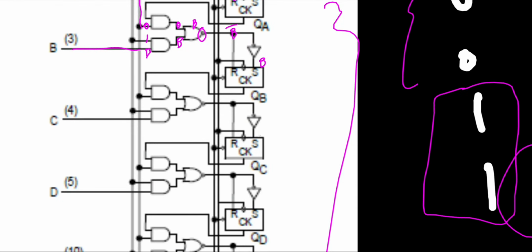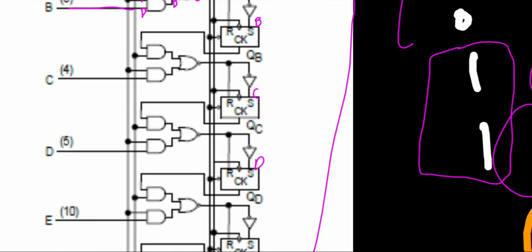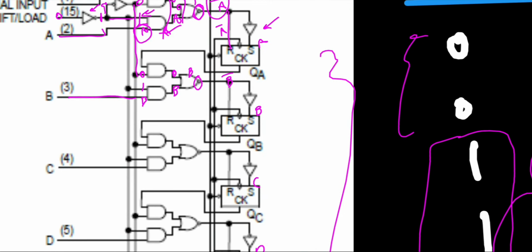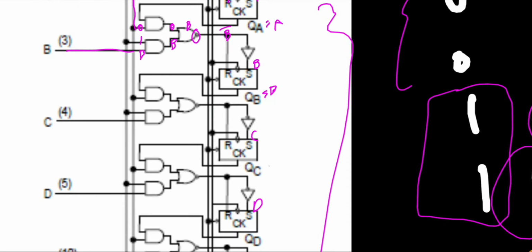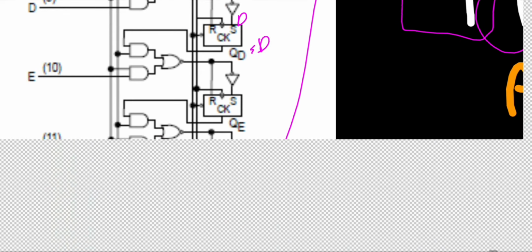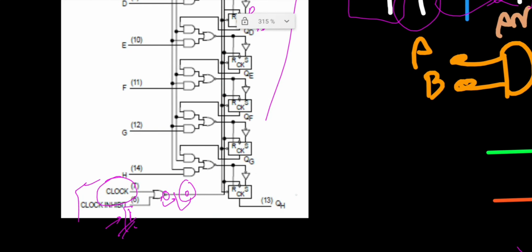And this happens for all of them. We have C, we have D, and up to all the values. Now, when the clock makes the low to high transition, QA would be equal to A, QB would be equal to B, QC would be equal to C, QD would be equal to D, and so on up to the value of QH, which would be equal to H.